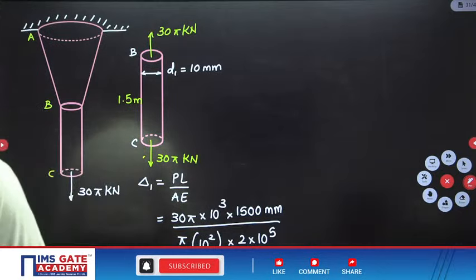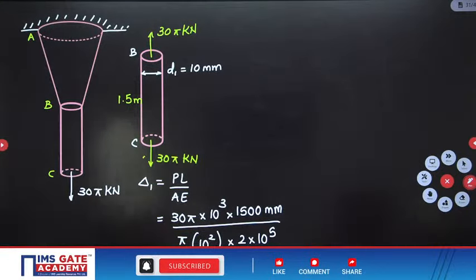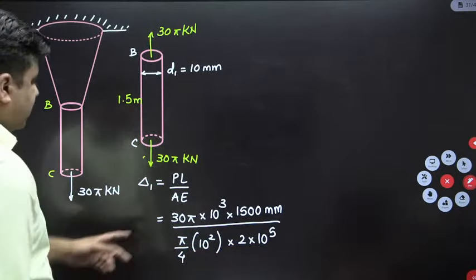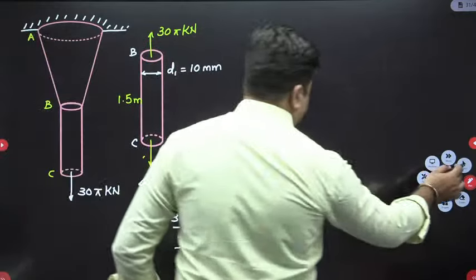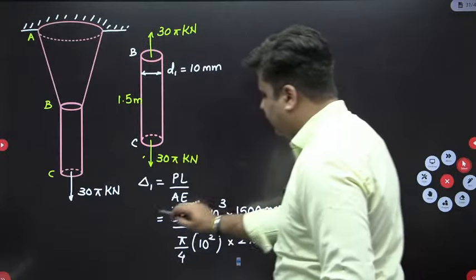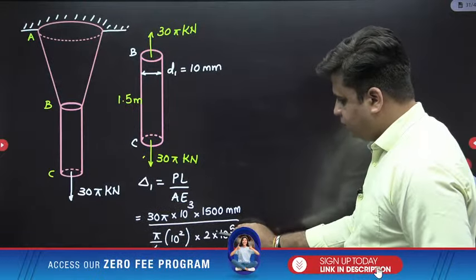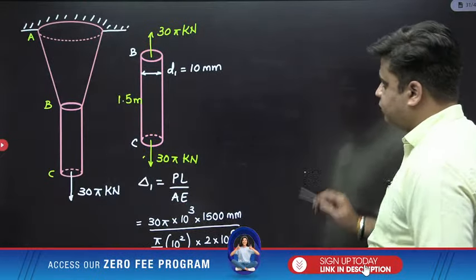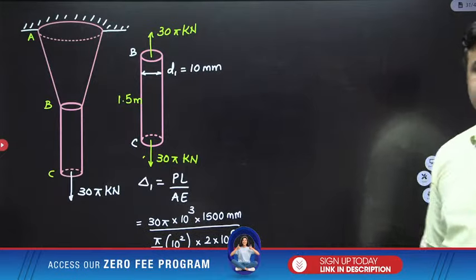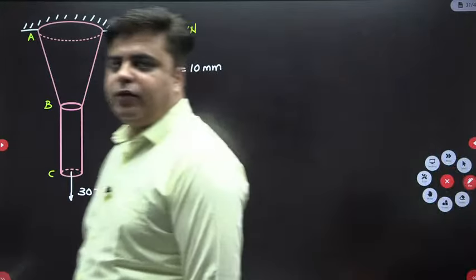Please tell me this answer first. What is the value of delta 1? First tell me the value of delta 1, whether it is 9 mm or 6 mm.